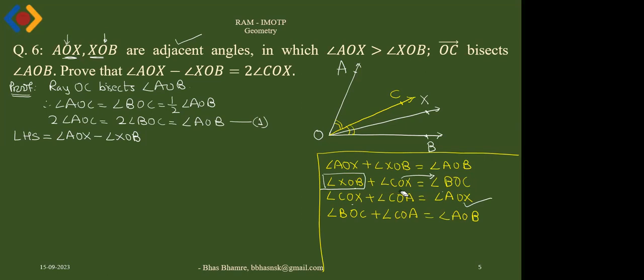Now, doing the same with our angle AOX, this AOX can be written as COX plus COA. I will write that AOX as angle COX plus angle COA, and minus in bracket XOB as angle BOC minus angle COX.